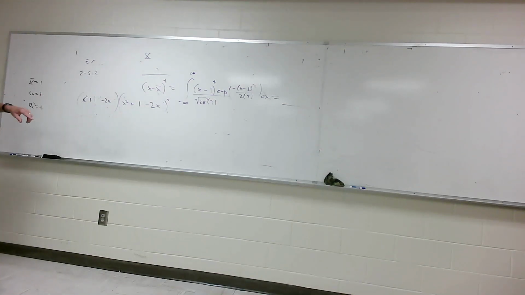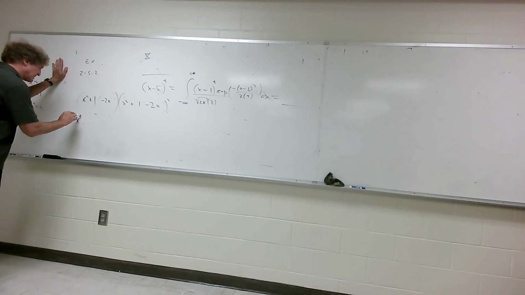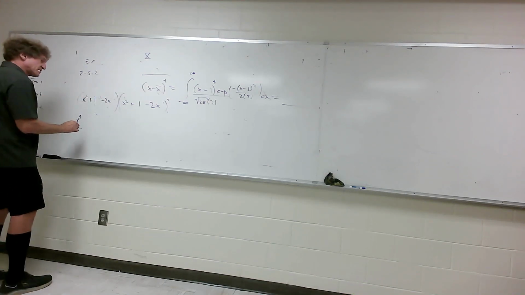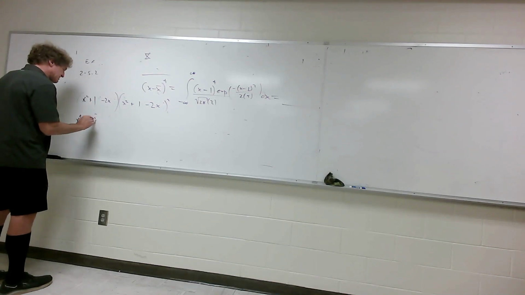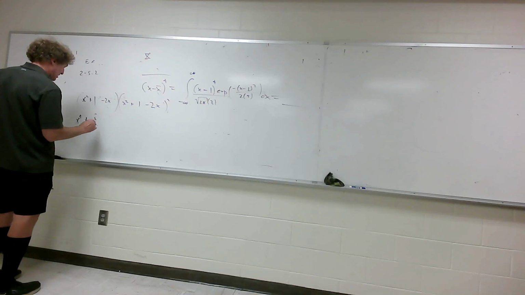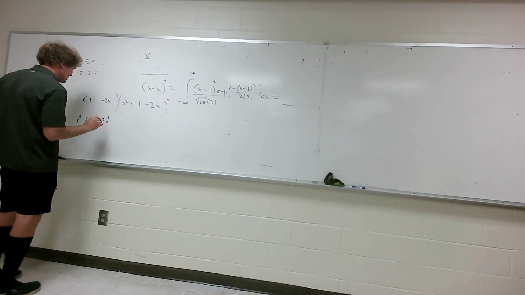So if I multiply this up, x squared, so this is going to be x to the 4th. What I'm going to do is take this, multiply through it, I get x to the 4th plus x squared, and then, now that and that multiply, then I get minus 2x cubed.